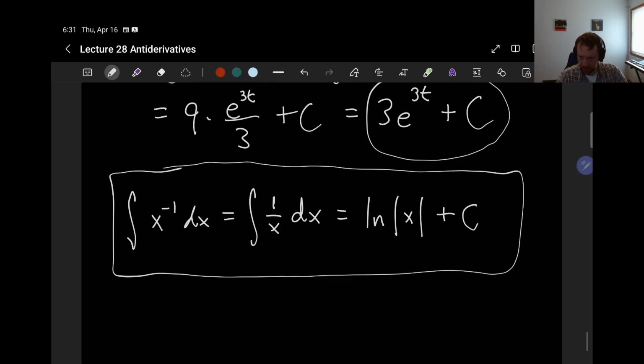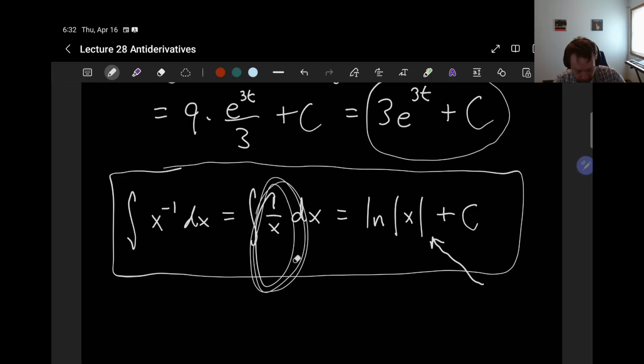And the reason we need this is because remember that only certain numbers can be plugged into a natural log. That is, only positive numbers can go in. So by putting an absolute value bar around the x, I'm ensuring that only good stuff gets plugged in. You still can't plug in 0, but that's fine. You can't plug in 0 for this thing either.